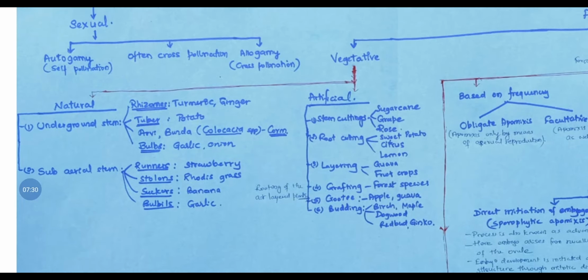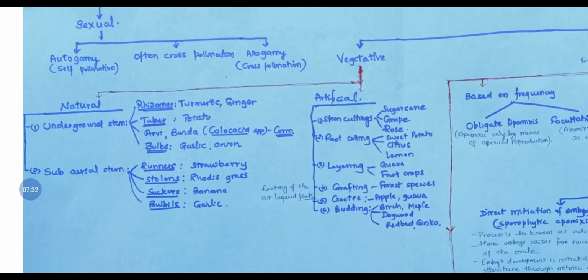Underground stem is further divided into rhizomes, like turmeric and ginger. In all these plants, rhizomes are the propagating materials. Tubers are the propagating material in potato, corm in arvi and banda, then bulbs in onion and garlic.